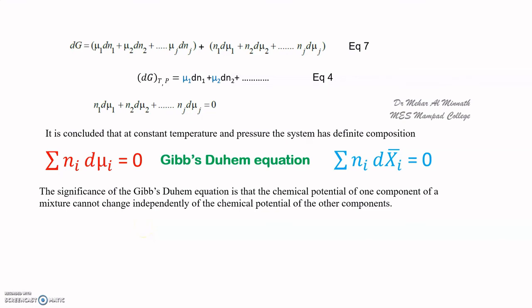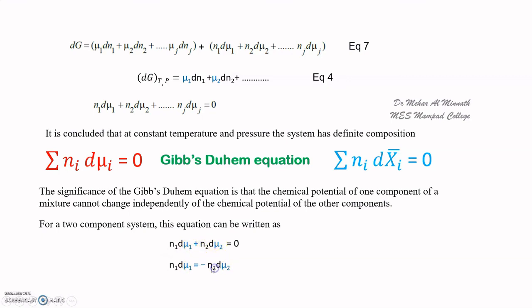It will be clear if we take the two component system, 1 and 2. Then the Gibbs-Duhem equation will be n1 d mu1 plus n2 d mu2 equals 0. Now you can write this as n1 d mu1 equals minus n2 d mu2. So you change the chemical potential mu1 of component 1, then automatically the chemical potential mu2 of component 2 also changes.